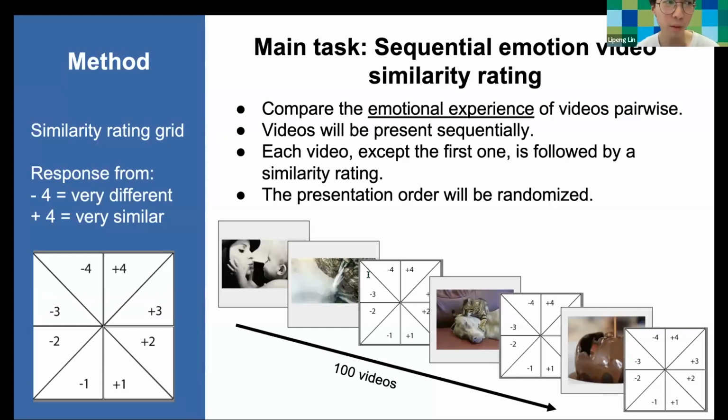I believe Pavlovia records the reaction time, like the mouse click, and how long you stay in the response screen. I believe they gave this data. Yes, we have the recorded time. But I didn't record the confidence level.